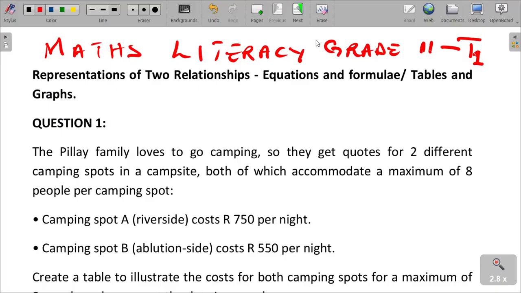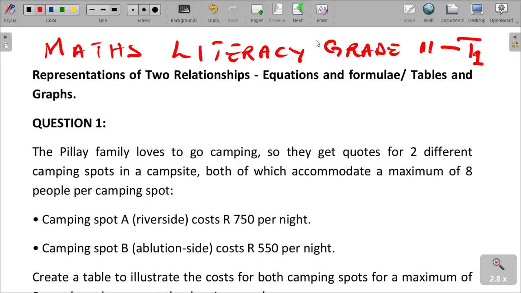You will be given some scenarios that you would need to construct tables for, and determine formulas and equations from different tables that represent some relationships. And then you may also be asked to use the formula or equation to find some missing values in a table. At the same time, it is also possible that you can be asked to use the values in the table to draw some graphs.